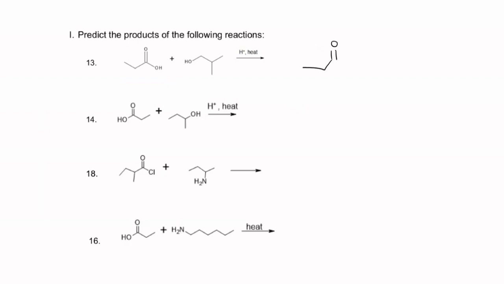So if I use my highlighter, what I'm drawing is this part of the molecule right here. Whenever this reaction is performed, the OH combines with the H of the alcohol, and that's what forms water.